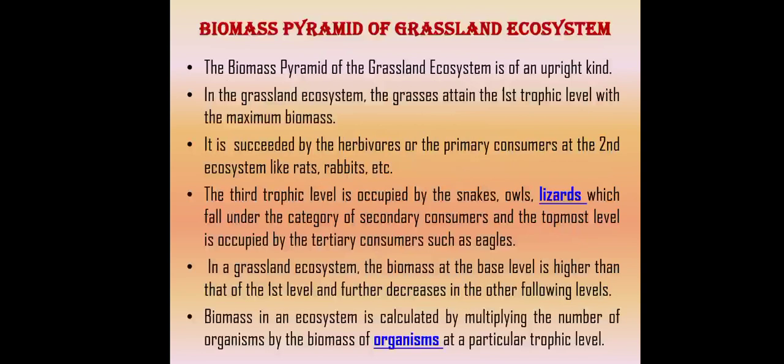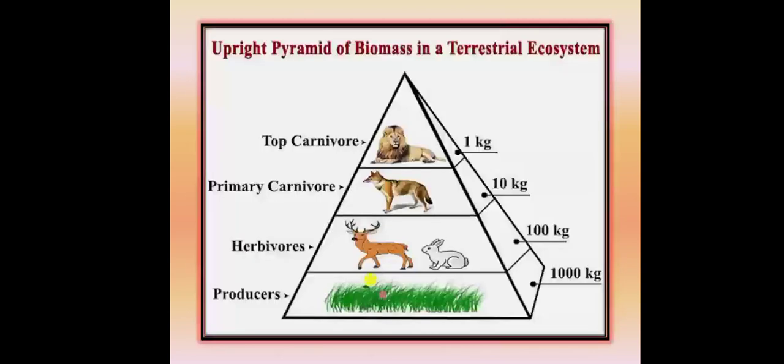It is calculated by multiplying the number of organisms by the biomass of organisms at a particular trophic level. Here in this diagram we can observe the representation of the upward pyramid of biomass in a terrestrial or grassland ecosystem.